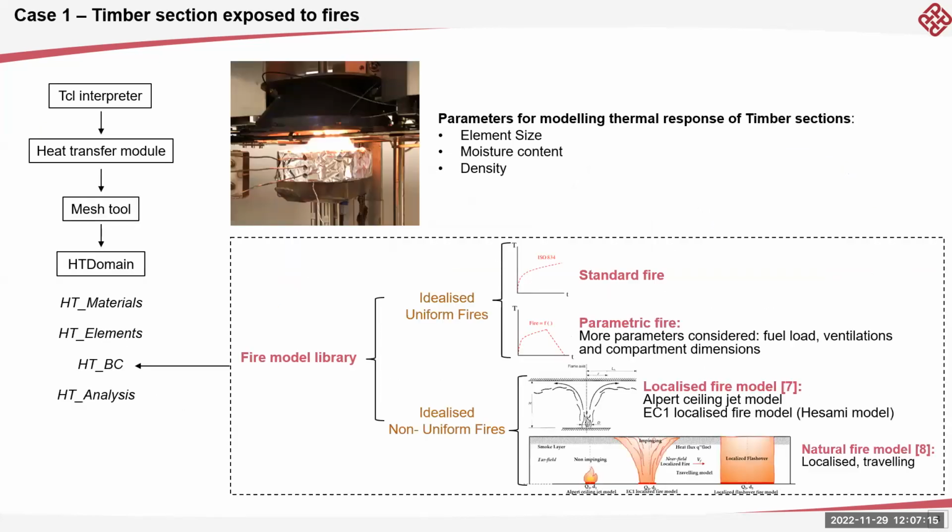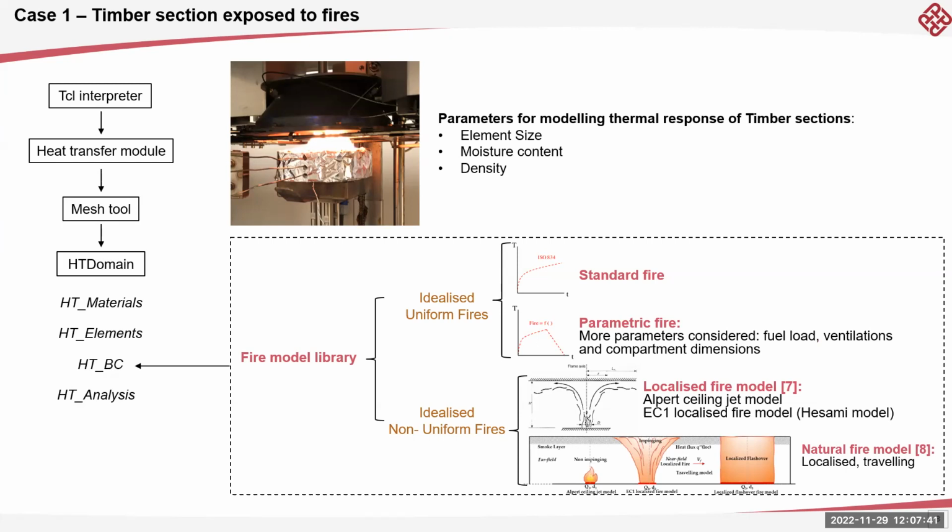This is case one about timber section exposed to fires. This is a simplified flow diagram in OpenSees to simulate the heat transfer inside timber sections. And we need element size, moisture content, and density to be the parameters for modeling thermal response of timber sections.